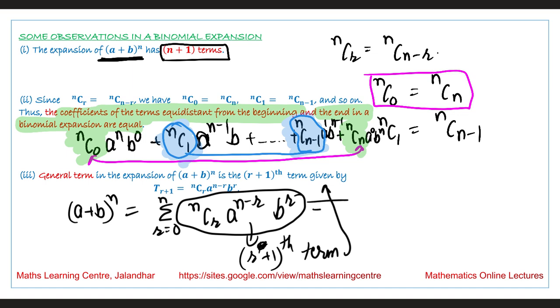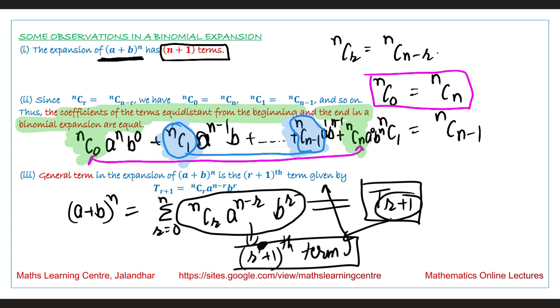We write this general term as T(r+1). It is important to note that it is the (r+1)th term, not the rth term. Looking at the values, it is nCr, a raised to the power n minus r, b raised to the power r, but this term is the (r+1)th term.